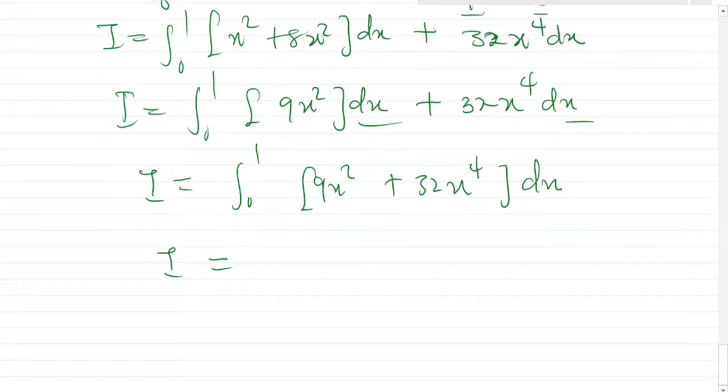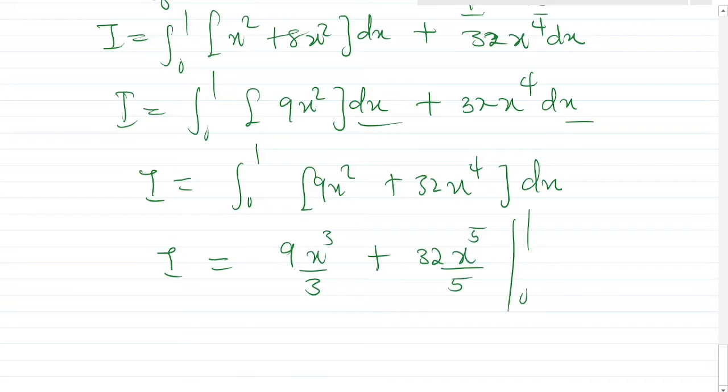So then you can now integrate. You don't have to add the integral sign again when you are integrating already. That would be 9x cubed divided by 3 plus 32x to the power of 5 divided by 5 from 0 to 1.